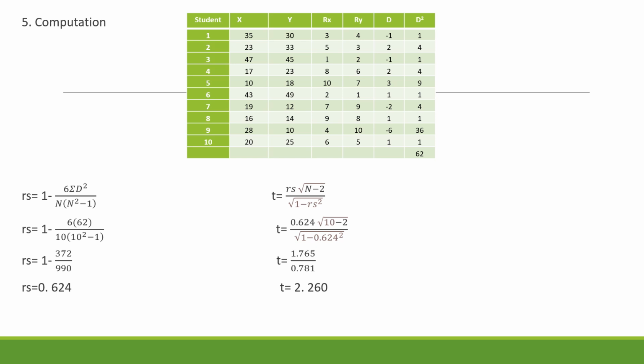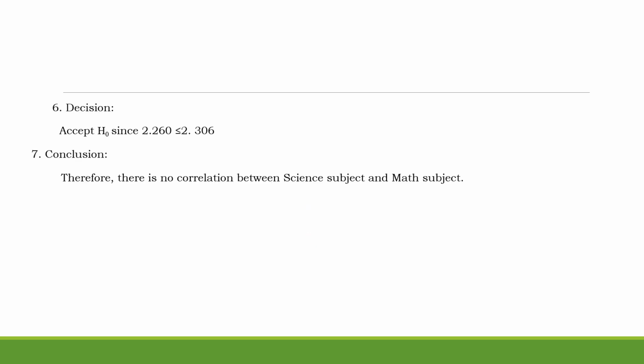Okay, proceeding to step 6. Step 6 is the decision. Remember that we got our T, which is 2.260. And in step 3, in our critical region, we stated that we reject H0 if T is greater than the critical value 2.306.